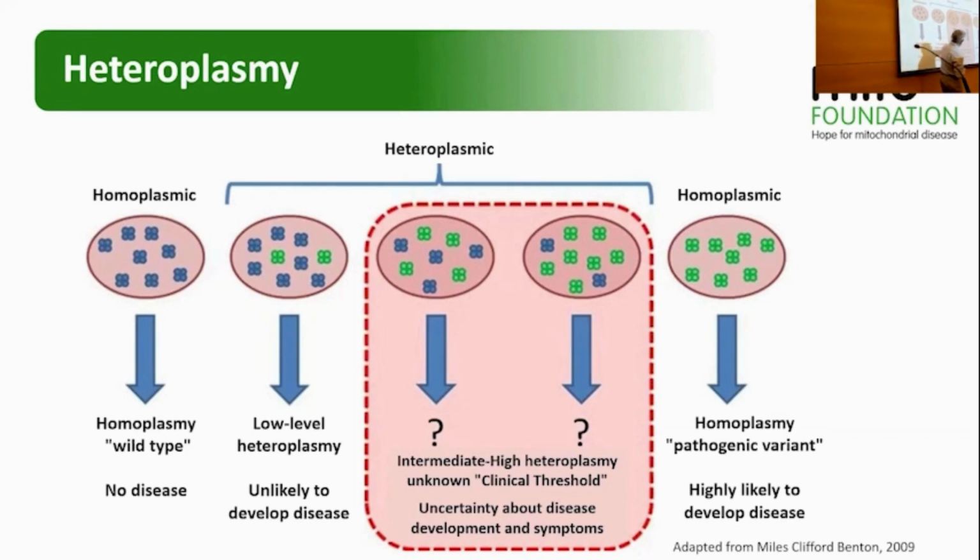But somewhere along that range from 20, 30% up to 90% or whatever, you might hit a threshold, a clinical threshold, where that mutation is now going to cause enough problems in the cell that it stops working well. The challenge is that actually picking that can be quite difficult, particularly for rare mutations.